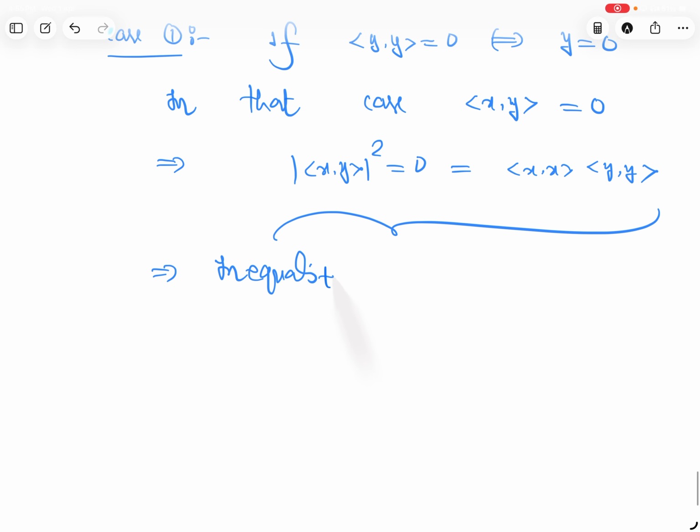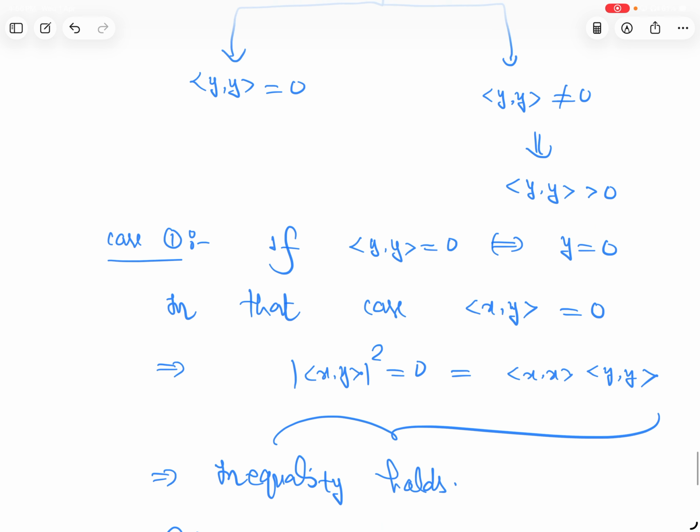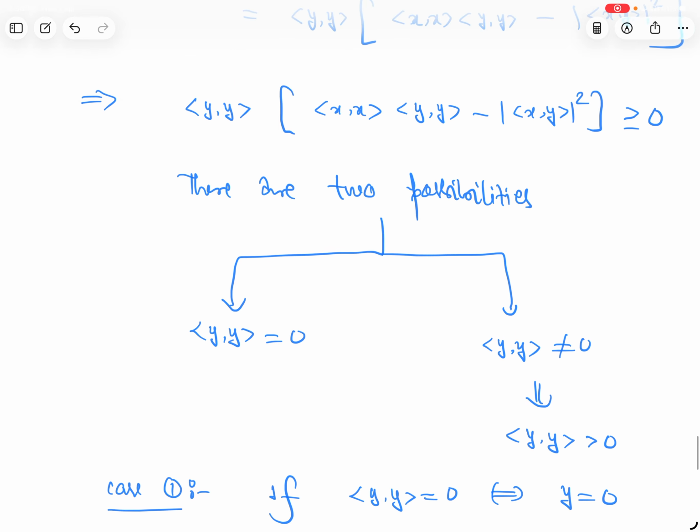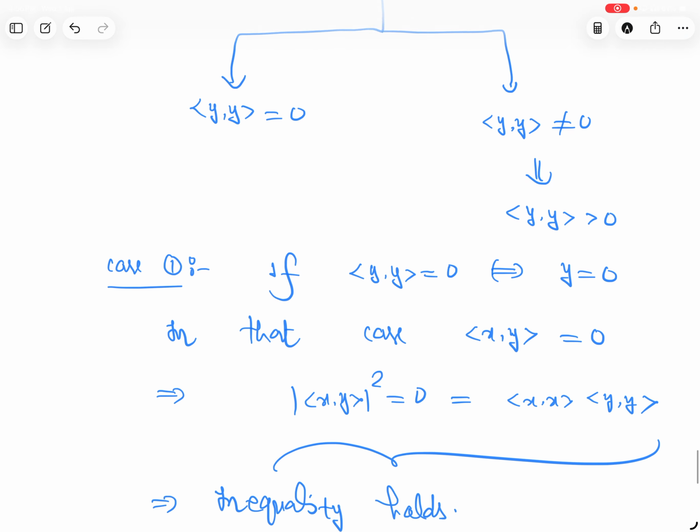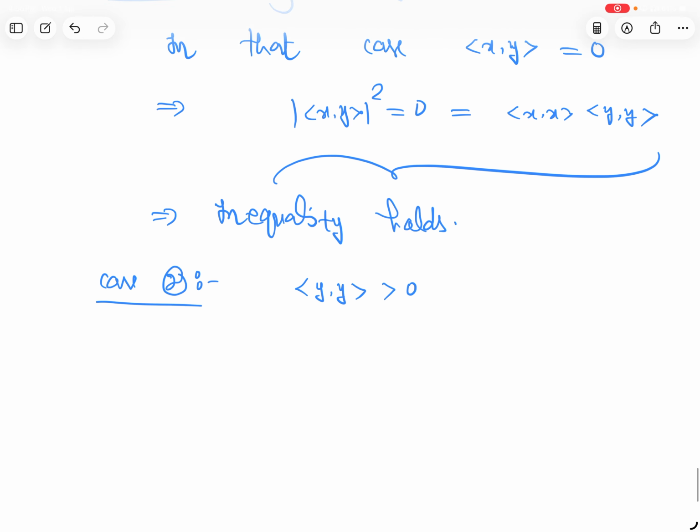Case second is that if the inner product of y and y is positive, then we can divide both sides of the inequality. Dividing both sides, the sign will not change, because if we divide by a positive quantity, the sign will not change.